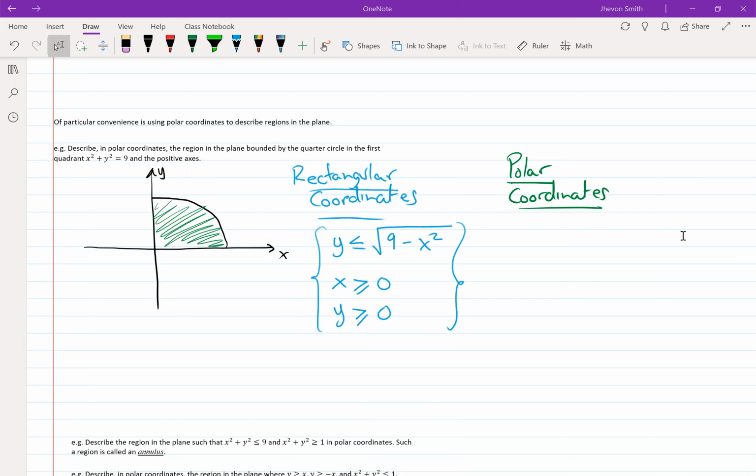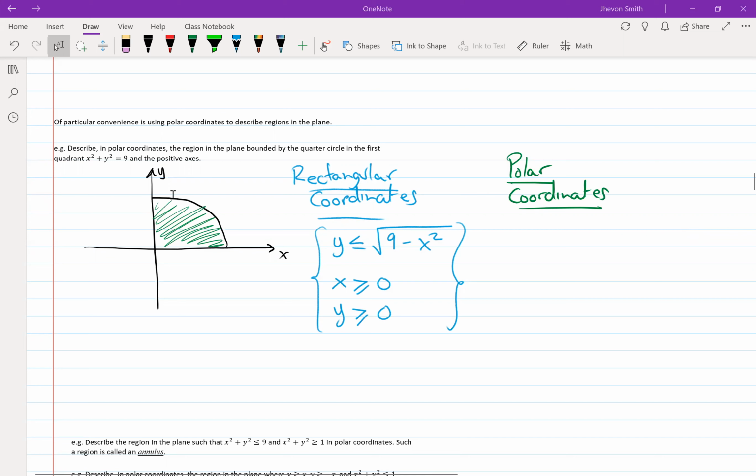Tell me about how r and theta would have to behave. Any guesses here? Would r be 3?